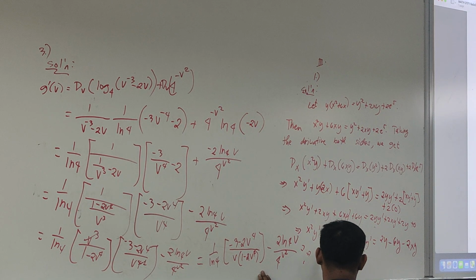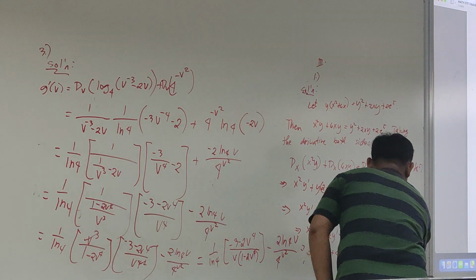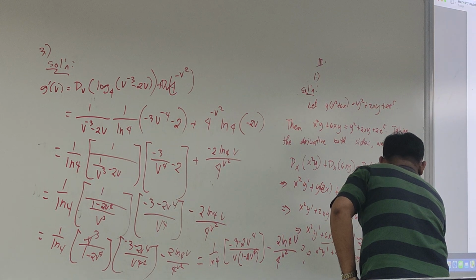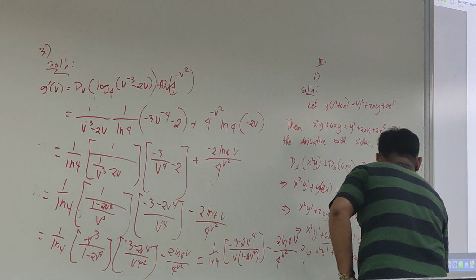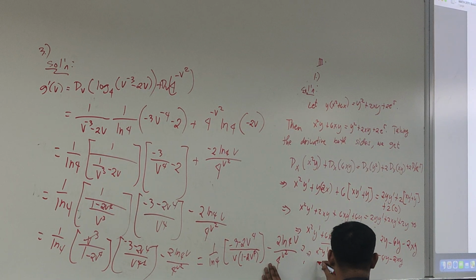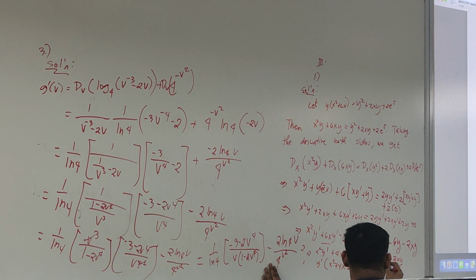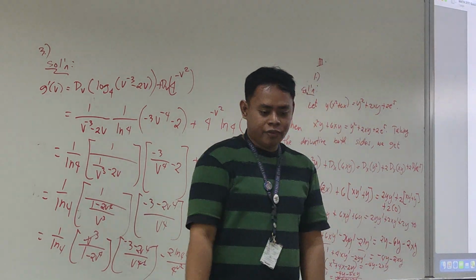So this is just x squared y prime plus 4xy prime minus 2y prime, which is equal to 4y minus 2x. So we have y prime times x squared plus 4x minus 2 is equal to negative 4y minus 2x. So your y prime is just negative 4y minus 2x all over x squared plus 4x minus 2. So that's the value of your y prime.